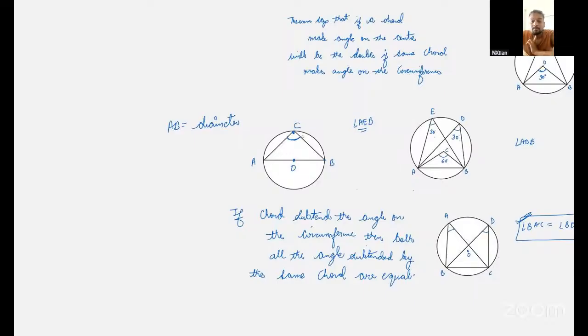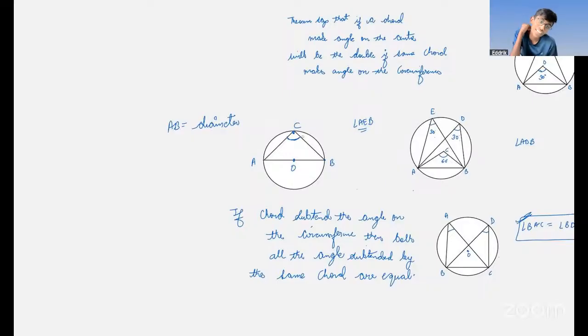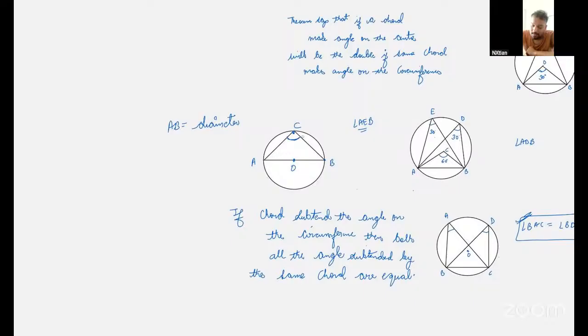That is my question. Why is it 90? No idea? ACB is 90, that is correct. But why?